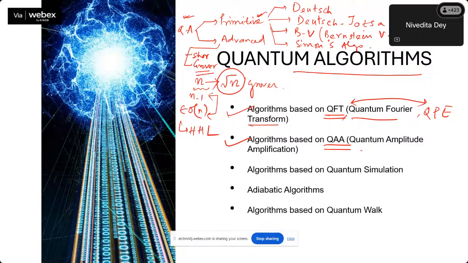Then there are the algorithms built on quantum simulation, the one I was talking about. Till now, there is no very significant improvement, so it is algorithmically under improvement. A high level of R&D is required here, because it is very challenging: a very natural phenomenon.